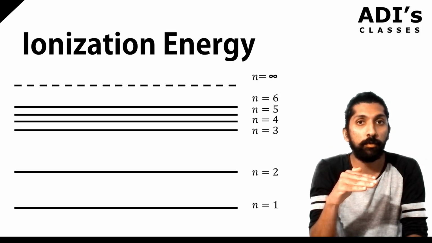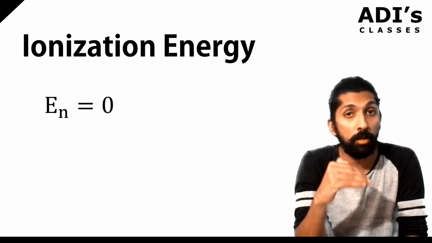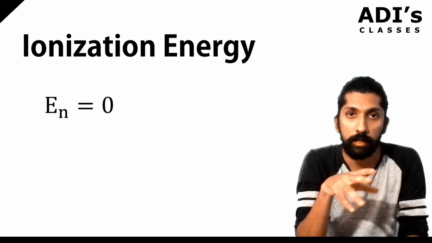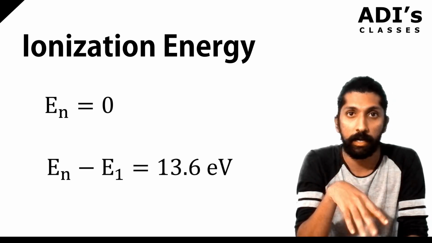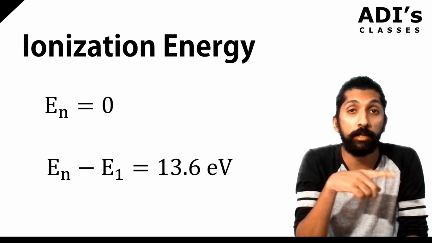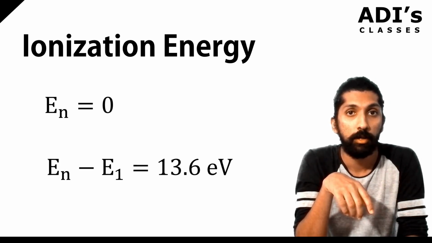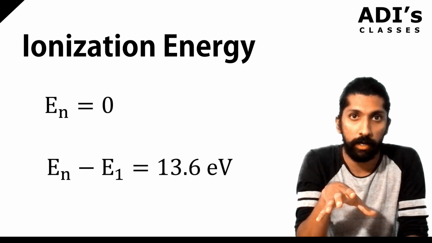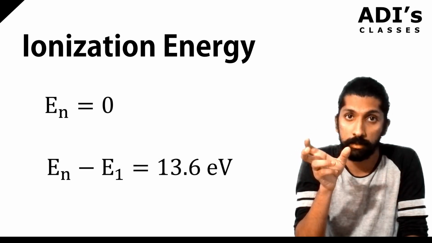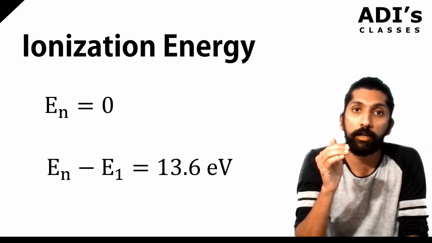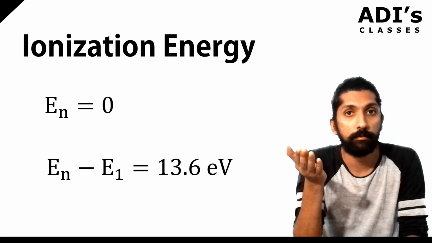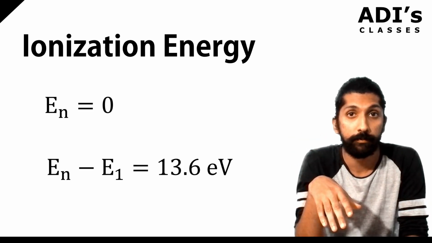If you have to move from the first orbit all the way to n equal to infinity, then again we subtract. When you subtract, this is what we get: for the first orbit, 13.6 electron volt of energy is required so that an electron in the first orbit just jumps out of the orbit. In the sense, it does not come back.